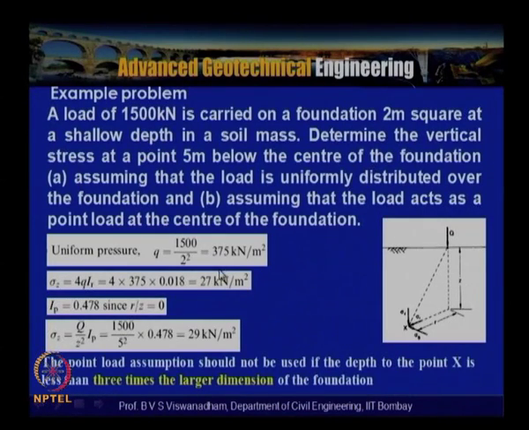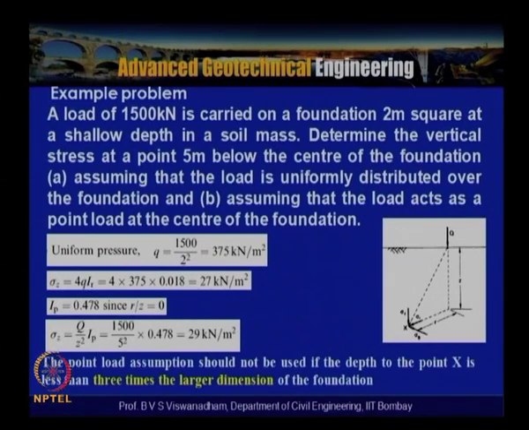And now, the second portion of the problem asks us to assume that the load acts as a point load at the center of the foundation. So, when r by z is equal to 0, we know that IP, the influence factor for the point load, is 0.4775, which can also be given as 0.478, and sigma z is nothing but q by z square into IP.